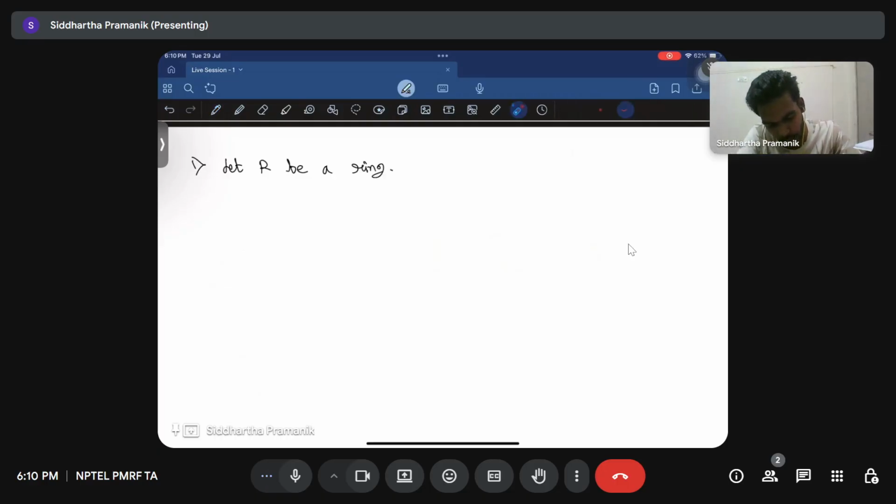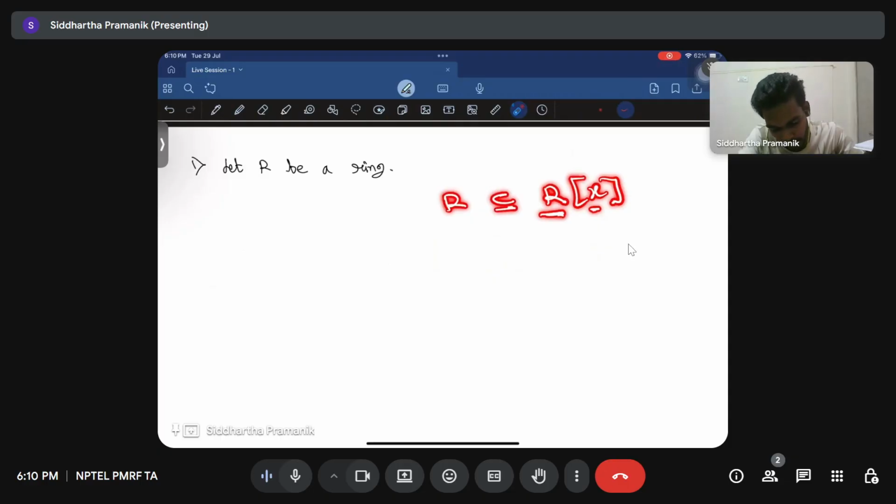Now from R we can construct one more ring, the polynomial ring in one variable x with coefficients from R. So this is the polynomial ring in one variable x whose coefficients come from R. This is a ring and R is sitting inside this ring.